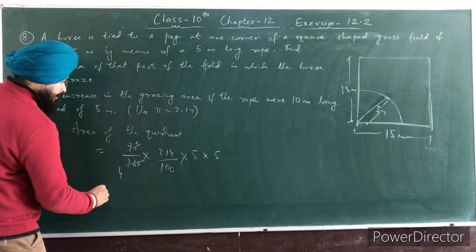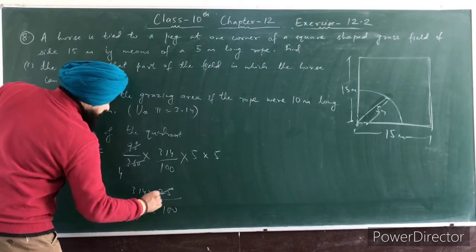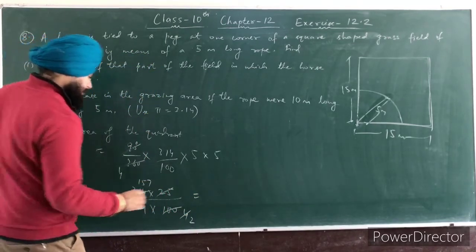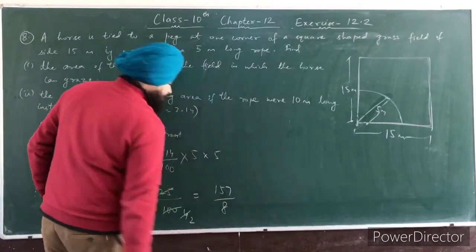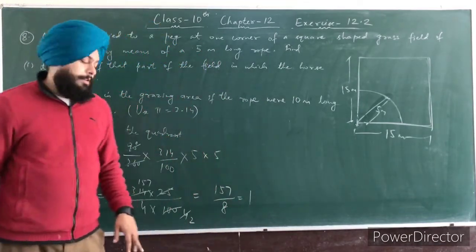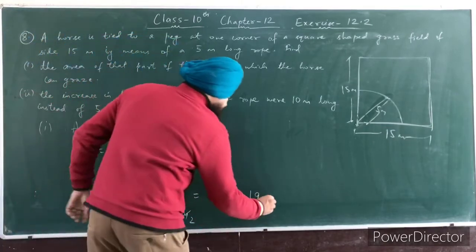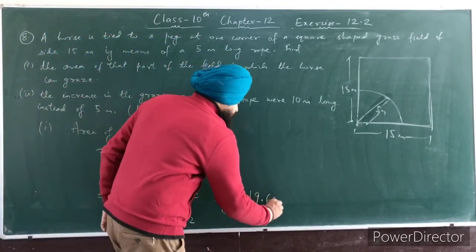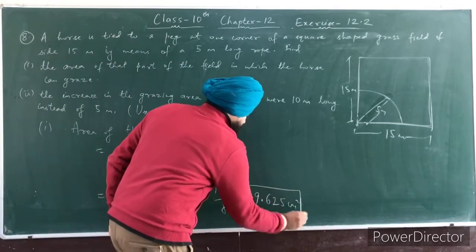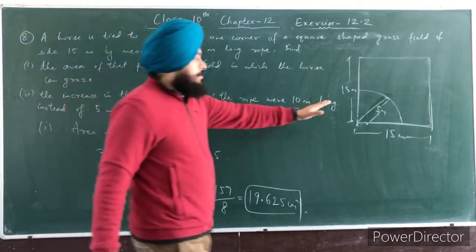Now 90 over 360 is 1 over 4, and 5 fives are 25, 25 fours are 100, so 157 over 8. Converting it into decimals, the area is 19.625 centimeter square. So this is the area in which the horse can graze.